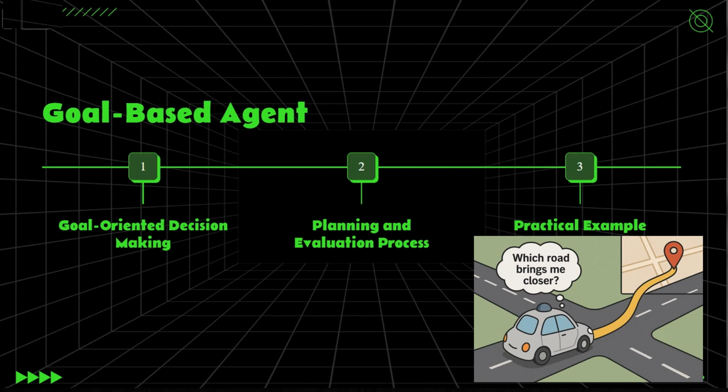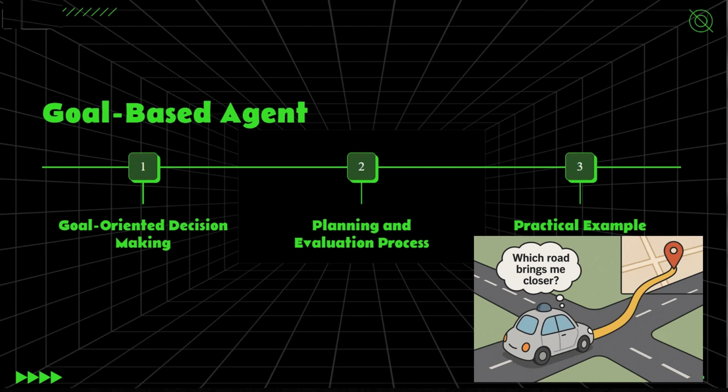These agents need to plan, think about the result of their actions, and adapt based on what's happening around them. So in short, a goal-based agent has a clear objective, evaluates actions based on how well they help reach the goal, requires planning and decision making, and can adjust based on changing conditions.